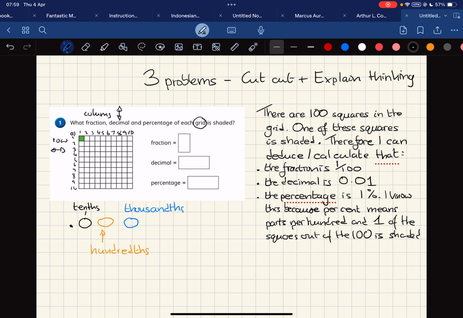Therefore, it's 1%. Okay? So those are your answers for 1A, and that's this section here.